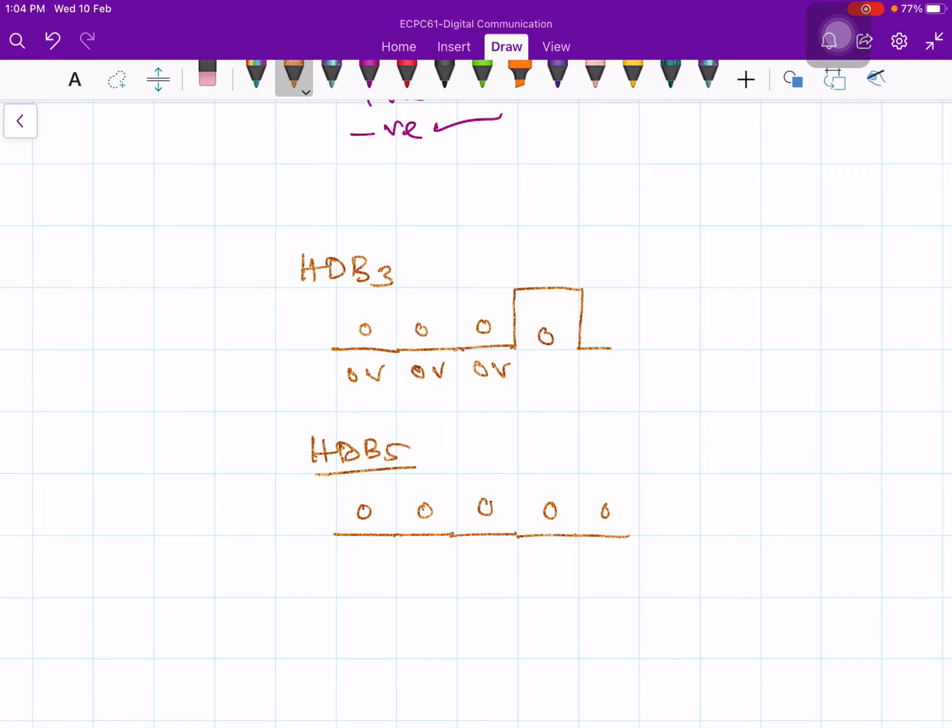And then again in the fifth time slot also, if you get a 0, then you put a positive voltage. Therefore, the significance of this HDB3, the number 3, or if you write HDBN, the significance of the small n is that it is the maximum length of 0 string that you will permit, after which you will change like this.